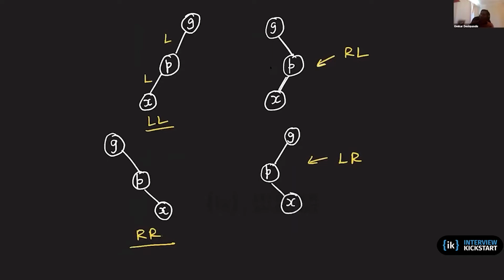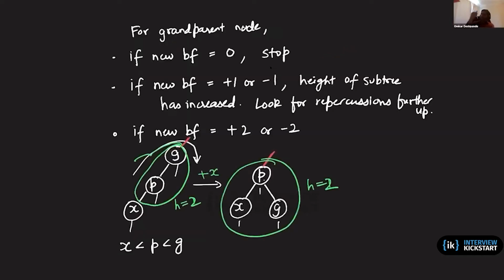So as long as we keep going up and we see that the balance factor has now become -1 or +1 for that ancestor thanks to our adding this node X, that means the height of the subtree rooted at them has changed. We need to go further up.